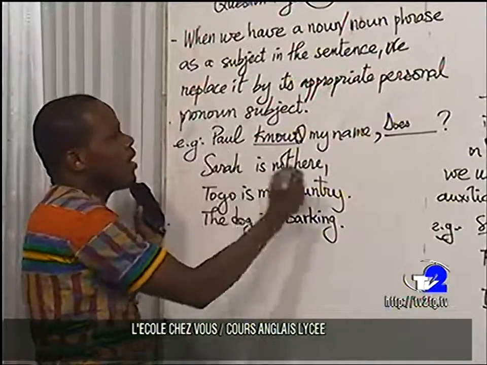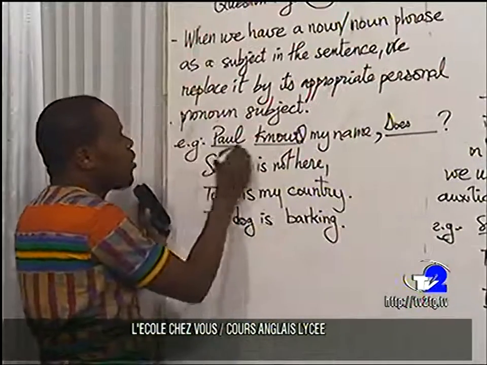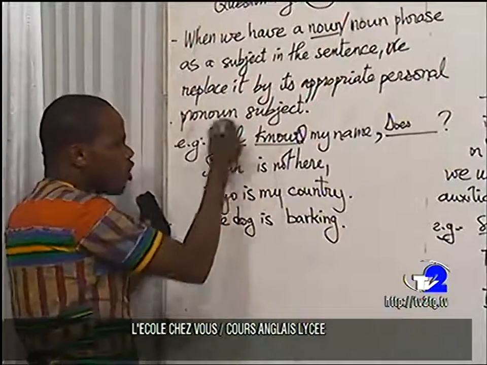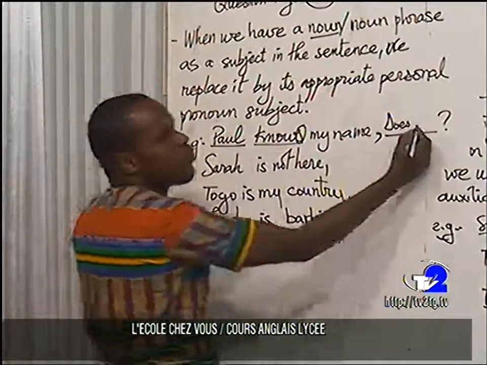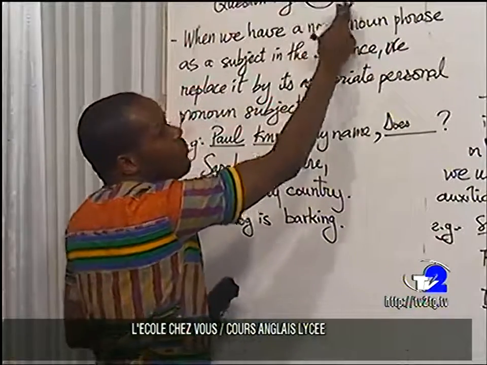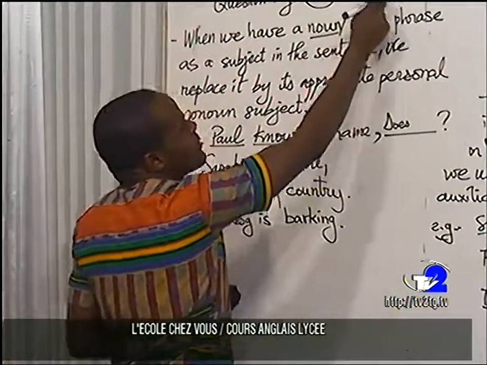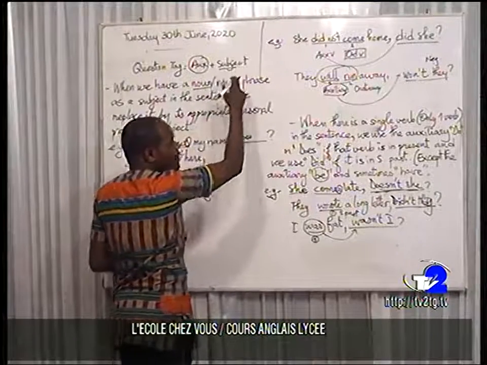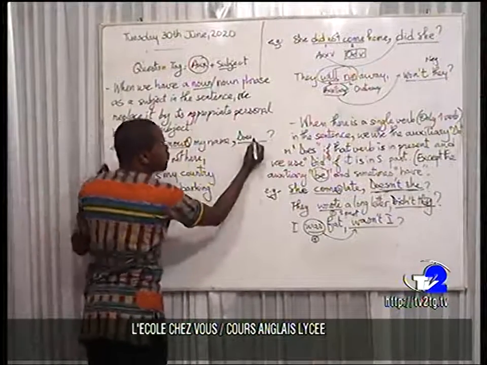Alright. Now, we say does. Now we come to Paul. Paul is a noun. We cannot use a noun in the question tag. We form the question tag with auxiliary verb plus subject, and that subject should be a personal pronoun subject, as I said earlier.